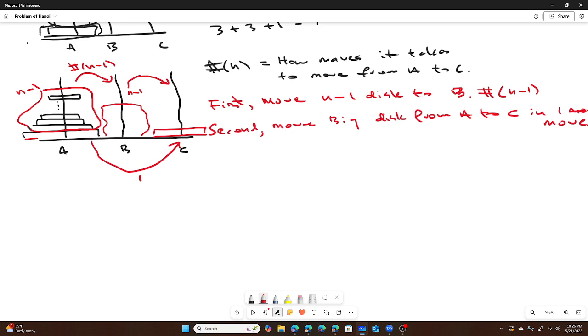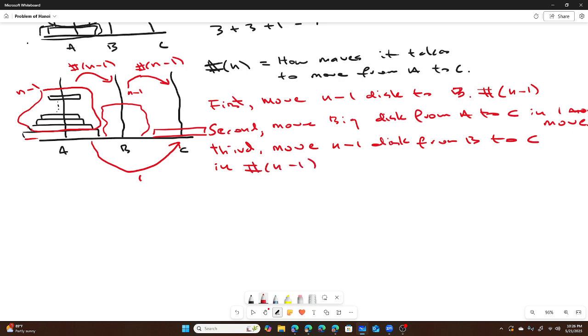And we know how many moves it takes to do that: the function of n minus 1 number of moves, from pin B to pin C. Third, move n minus 1 disks from B to C in f(n minus 1) moves.